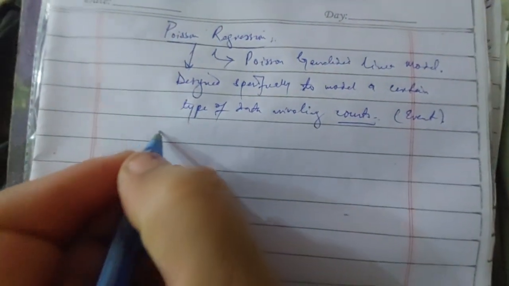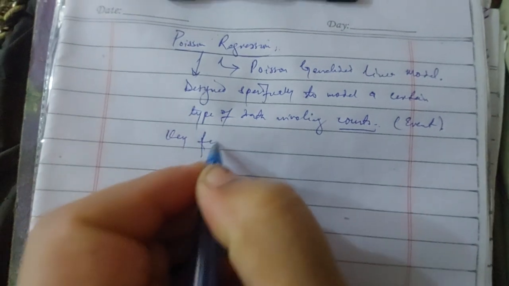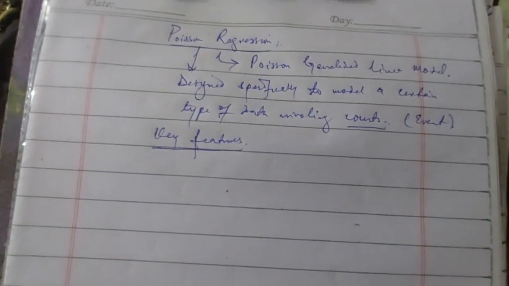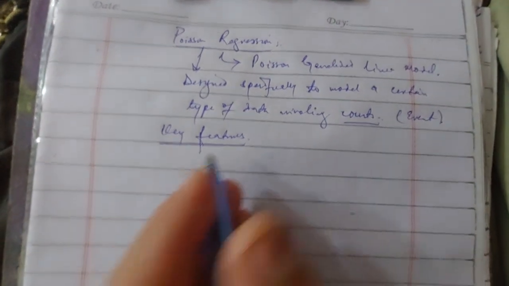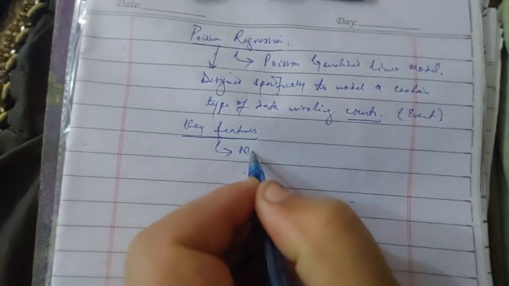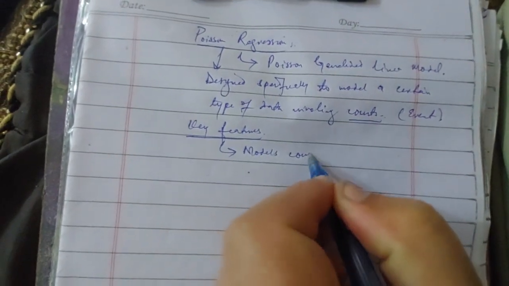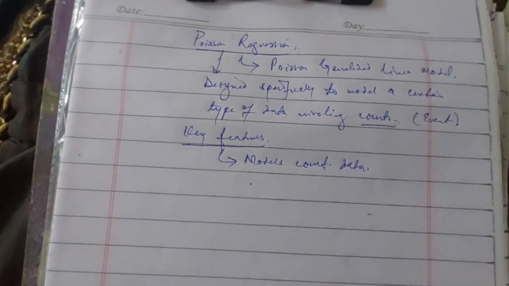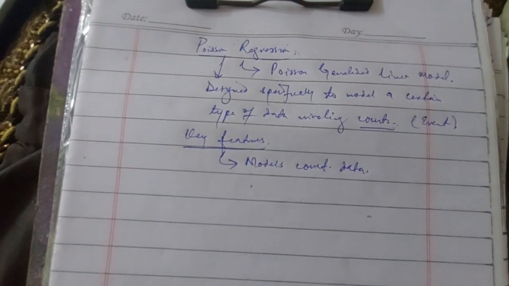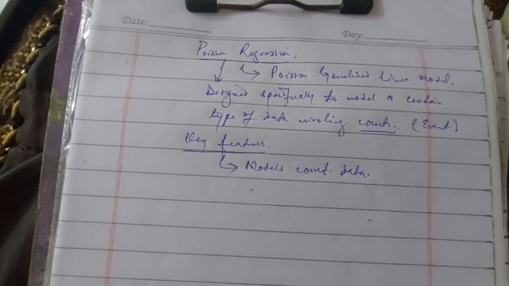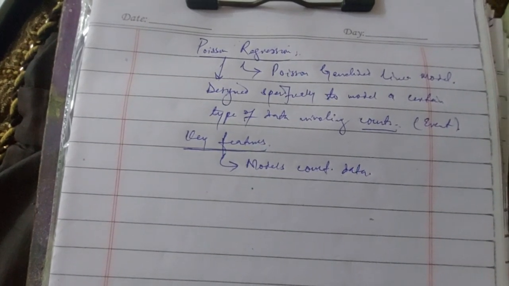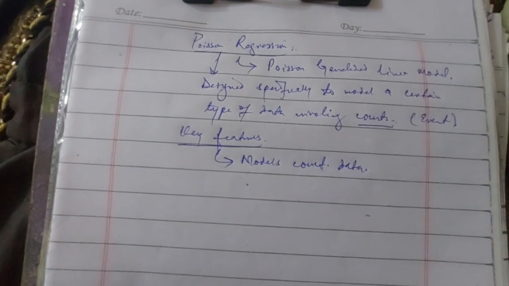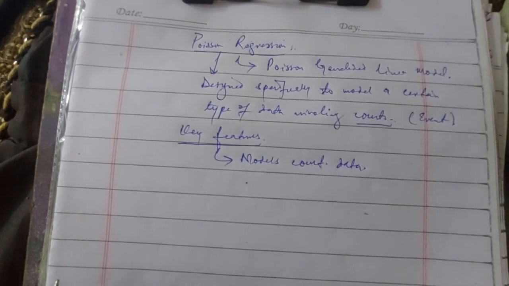So some of the key features can be explained here. The very first thing is that it models the count data, for example, some event happening. So the number of events happening over a certain period of time or space, that is count data.